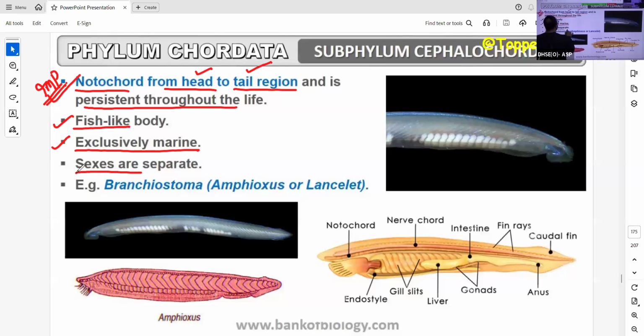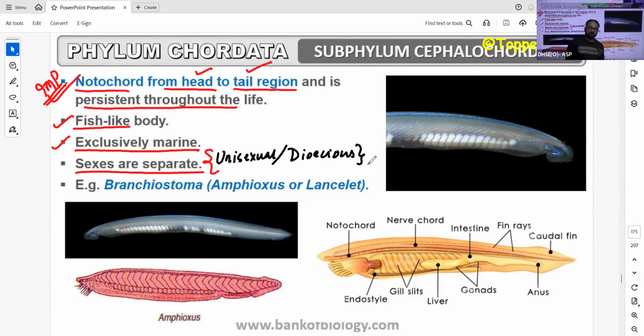They have separate sexes. In case of urochordates, we found they were bisexual. But in case of the cephalochordates, we have unisexual. Yes. Then dioecious, implying that the male and female are two separate organisms.